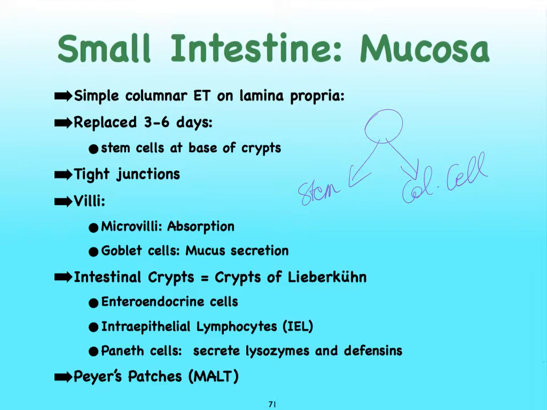The microvilli are very specialized for absorption. We have goblet cells that produce mucus to help make the chyme flow better, to make it stick together a little bit. And so what kinds of cells do we find in the intestinal crypts? You'll at times see that these crypts still get their older name, and that is the crypts of Lieberkühn. In these crypts, we once again find cells that produce hormones, and so we can just call them the enteroendocrine cells.